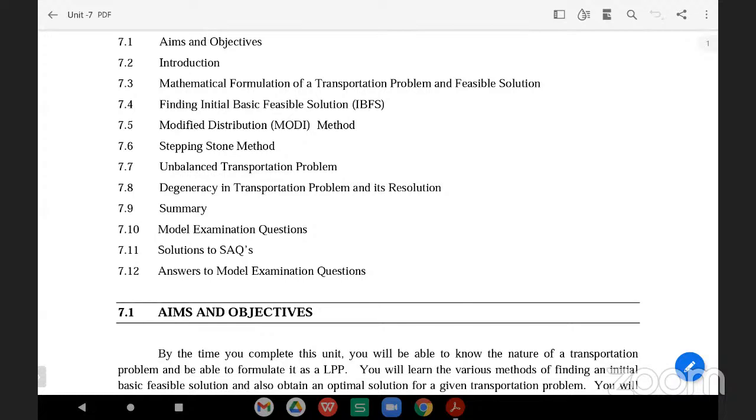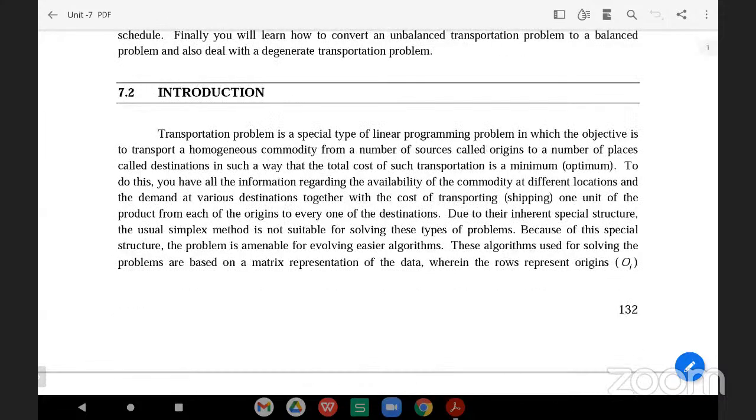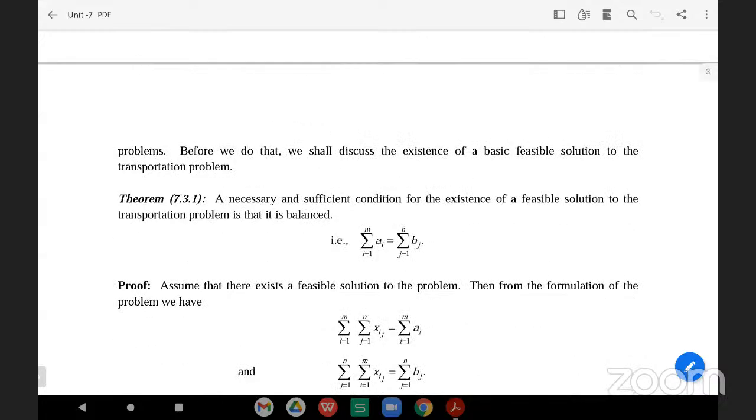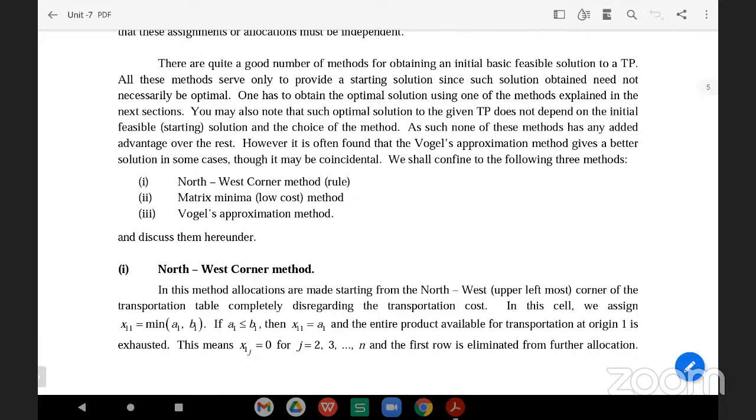First method is called the northwest corner method. Second method is called the lowest cost method or matrix minimum method. Third method is called the Vogel approximation method. By using these methods, we will identify the initial basic feasible solution for the transportation problem.